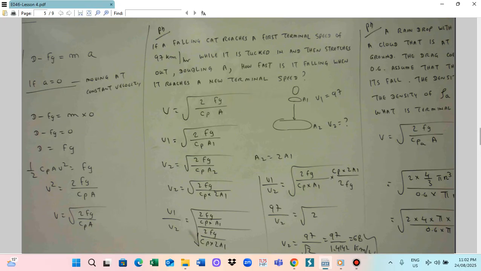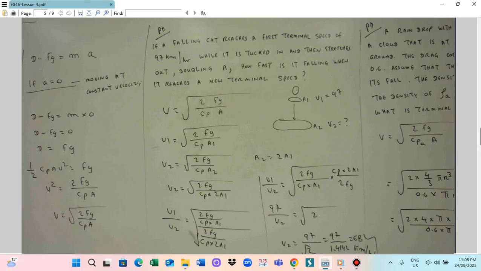So we write down the ratio, V1 by V2. The square root of 2Fg over C_D into A1, divided by 2Fg over C_D into 2A1. Then we substitute here for V1 by V2.